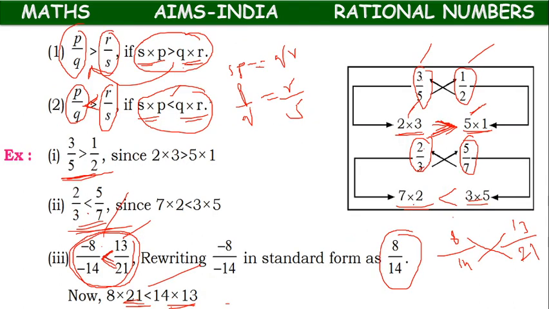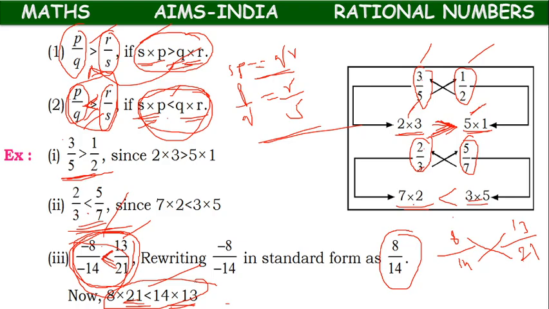If the first product is greater, the first rational number will be greater. If the first product is lesser, the first rational number will be lesser. If the products are equal, both rational numbers are equal. If we know the comparison of products, we can compare the rational numbers. Or if we know the comparison of rational numbers, we can guess the comparison of products.